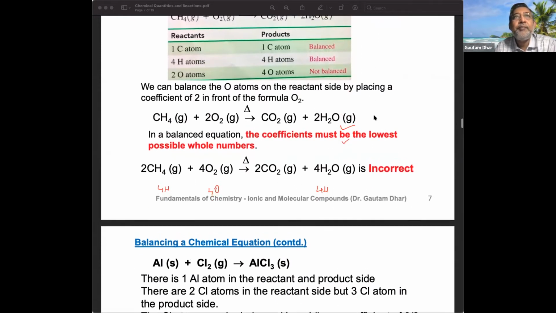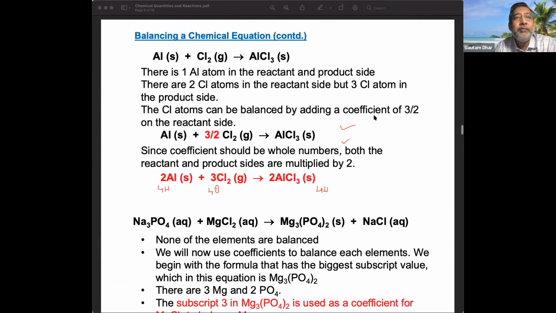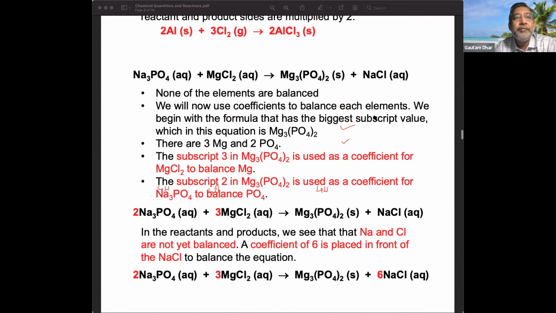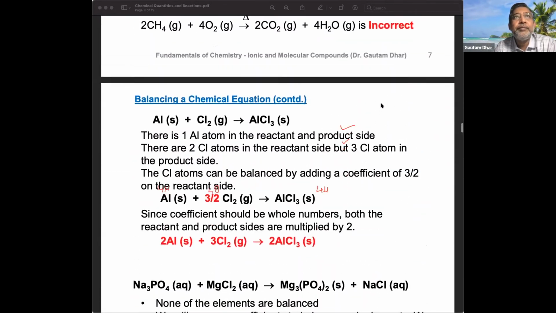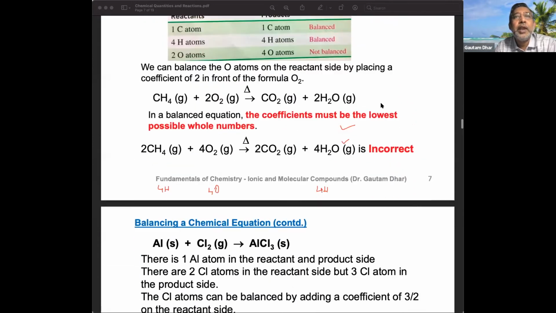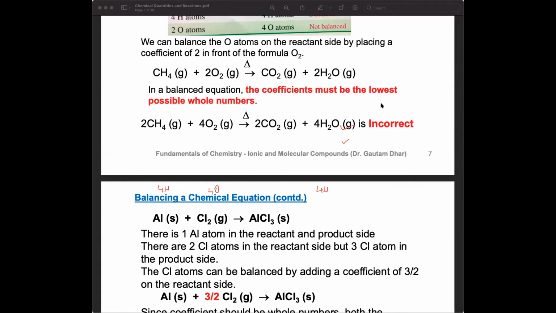Now, there are certain rules you can follow. The rules are basically that you always start by balancing the element that occurs in only one compound on the reactant side and one compound on the product side, because that makes it easier.